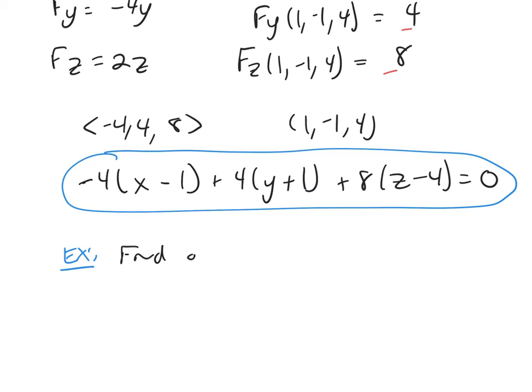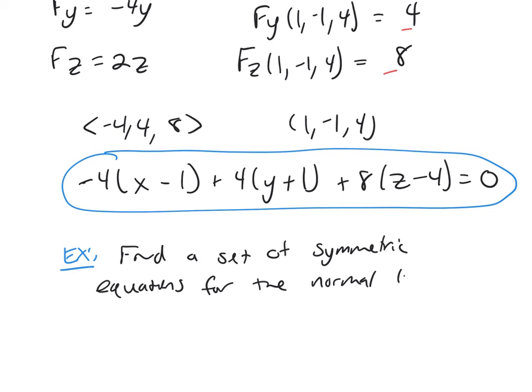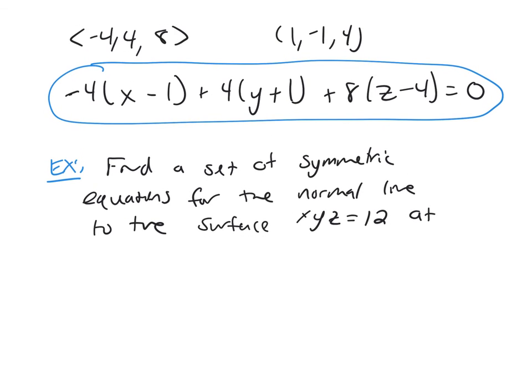Find a set of symmetric equations for the normal line to the surface xyz equals 12 at the point 2, negative 2, negative 3.